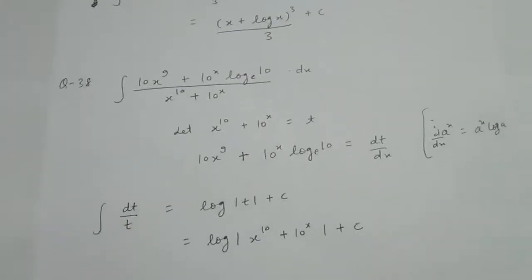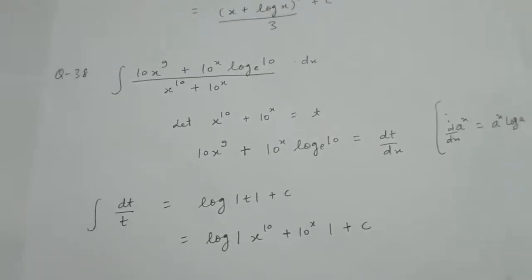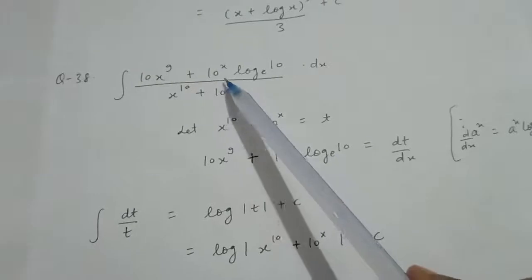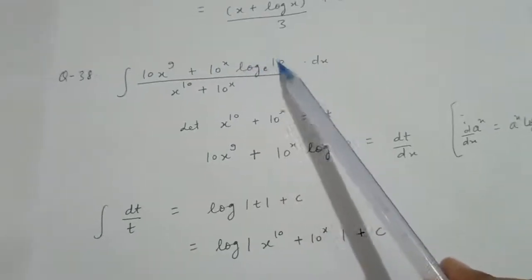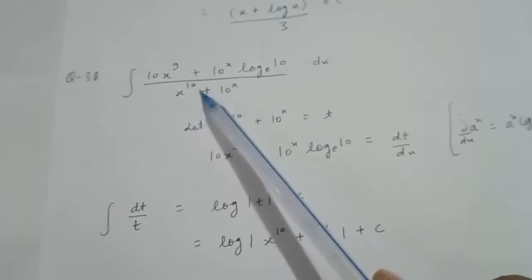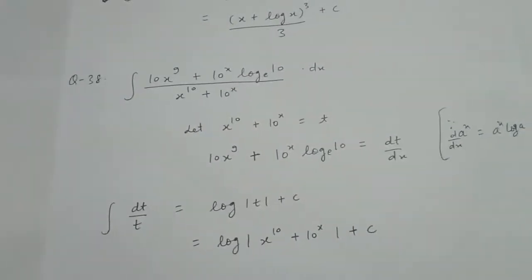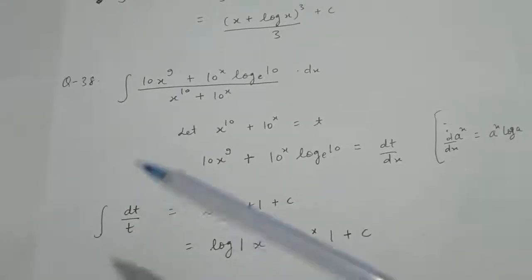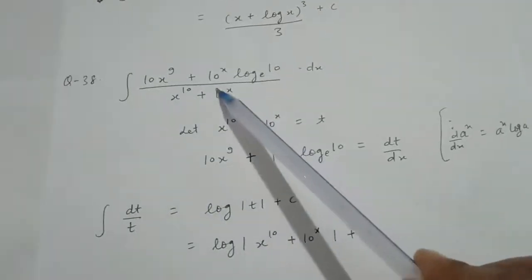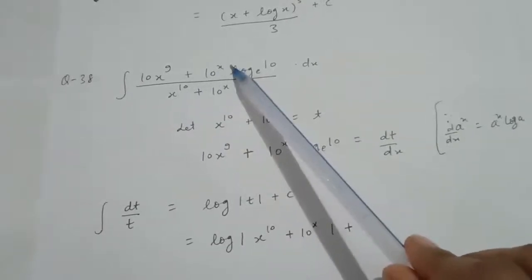Now question number 38 is integral of 10 x raised to the power 9 plus 10 raised to the power x log 10 with base e upon x raised to the power 10 plus 10 raised to the power x into dx. Now see, the derivative of this denominator is the numerator only.